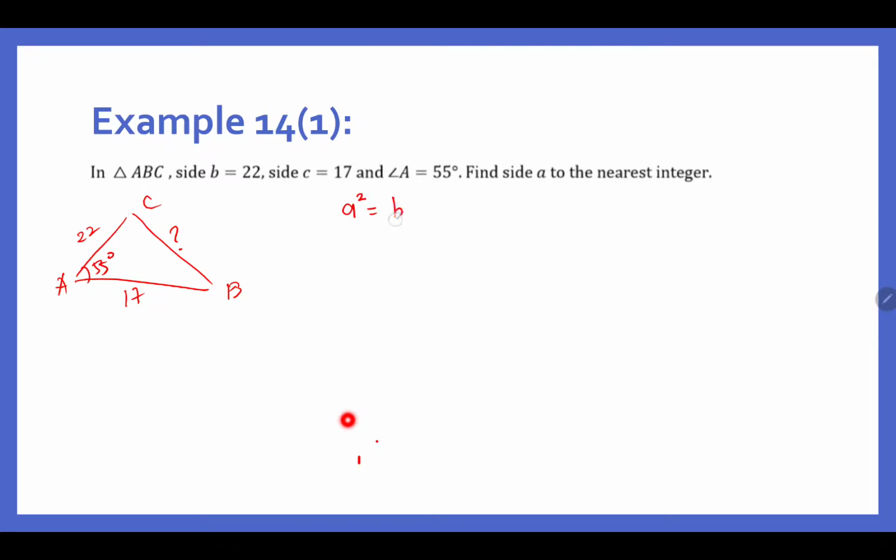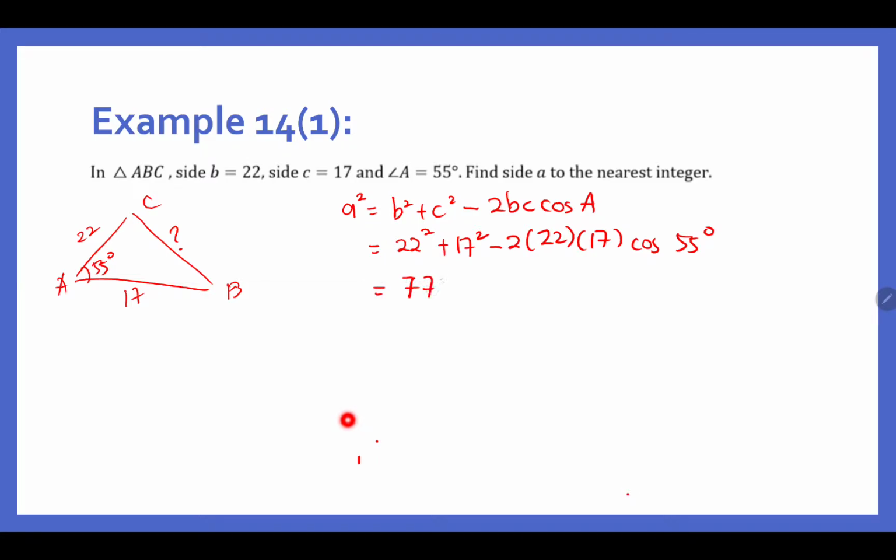A square equals B square plus C square minus 2BC cos A. So 22 square plus 17 square minus 2BC cos 55. Here 773 minus 429.0352.